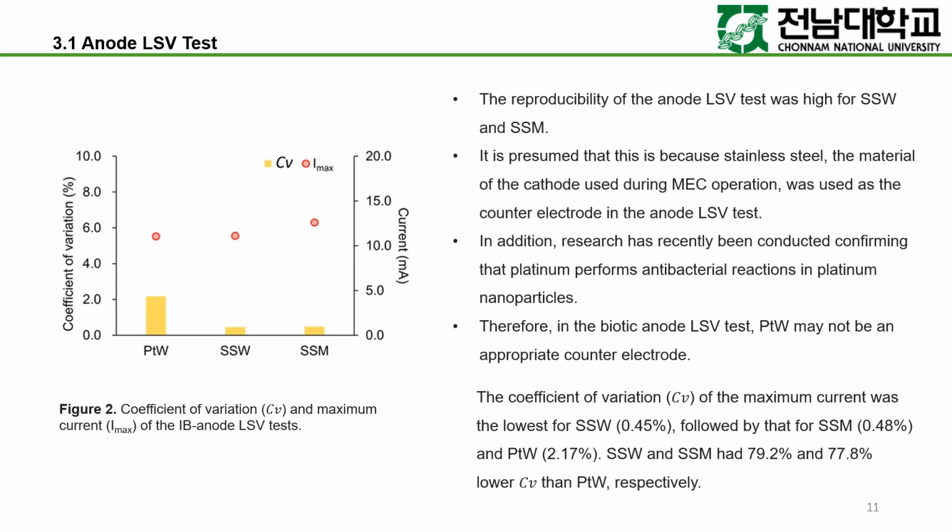However, the reproducibility of the EF at which current production starts did not follow the trend of the above results. Slope represents a factor linked to reaction rate, and EF pertains to overpotential. The trend in reproducibility seems to align more closely with reaction current and rate.